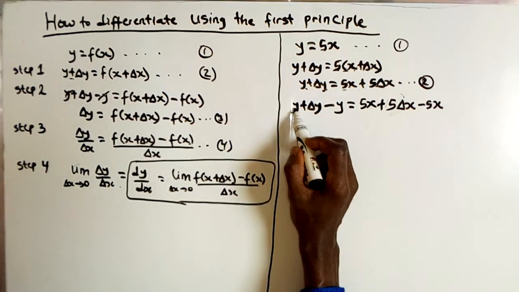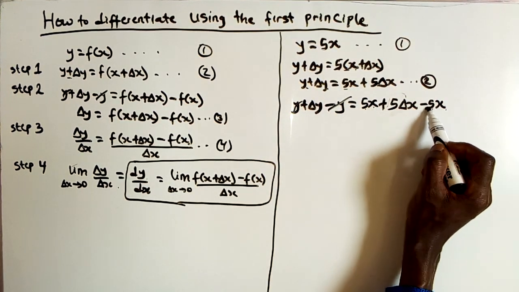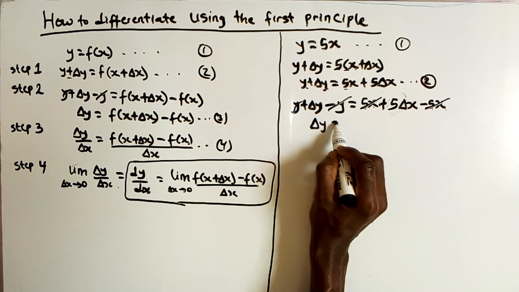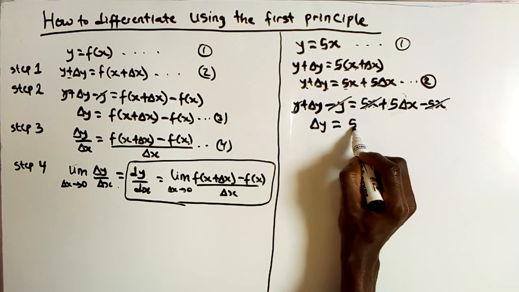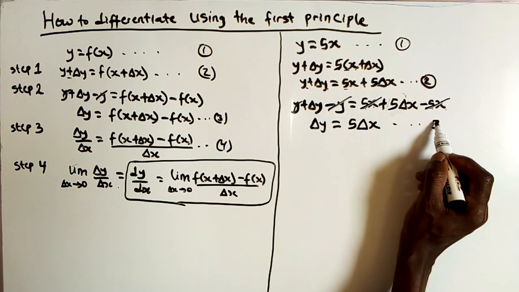And if you do that, y and minus y can cancel. Then we have 5s, we have minus 5s. These two can also go. So that we are left with change in y is equal to 5 change in s. Now let's call this our equation 3.